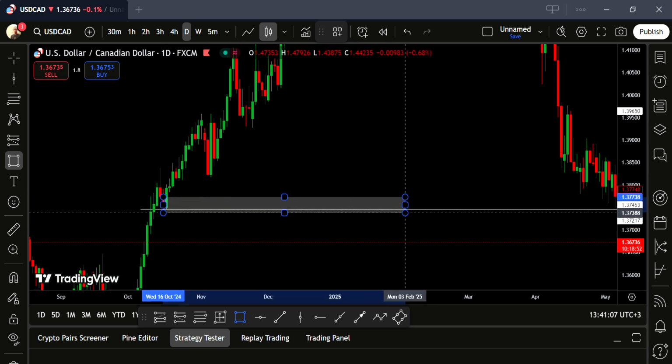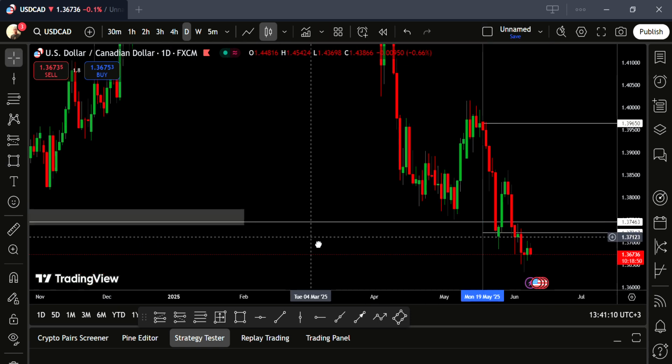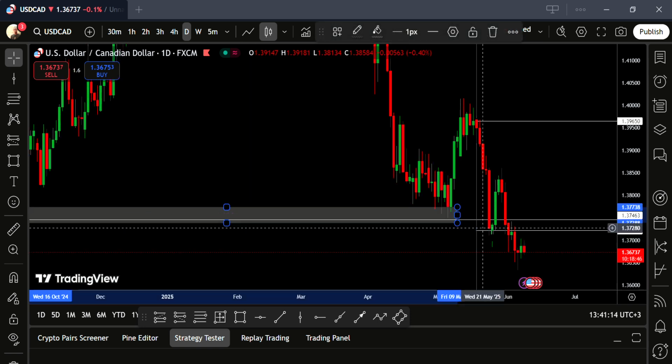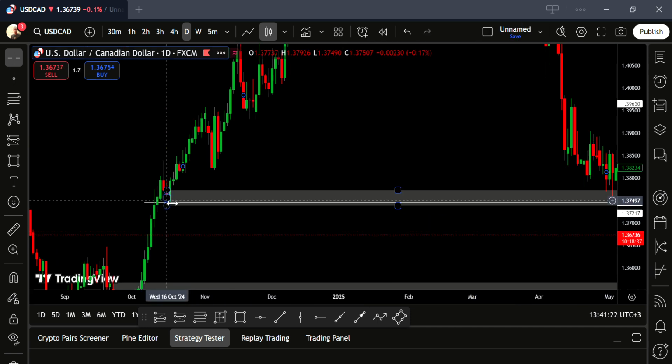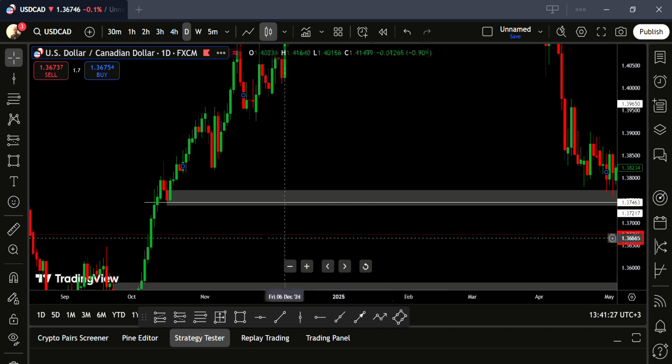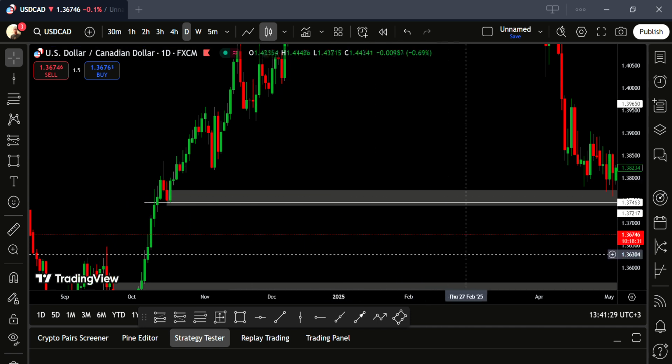So if I stretch it to the left, you see that it was broken by this candle. Broken, this is the line, it was broken and the candle closed down. So this demand zone was violated, meaning we were going back to the down side because the demand was violated.